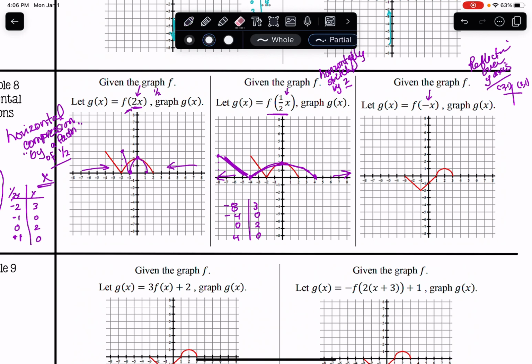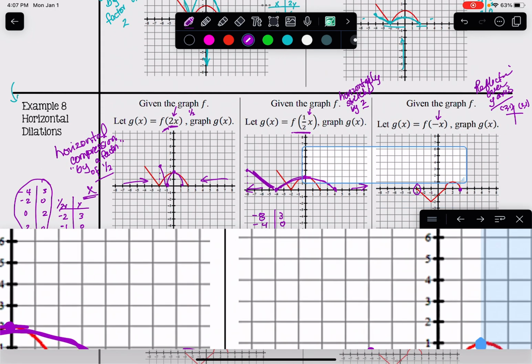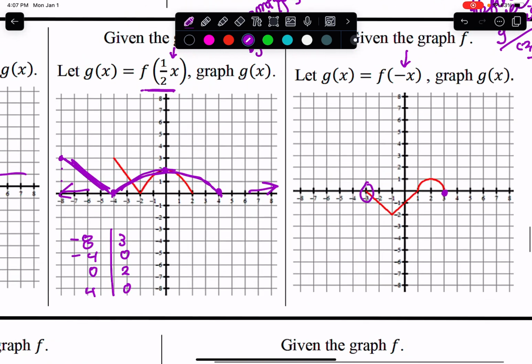So if I'm at negative 3 here, let's see if I can get my pen. I'm at negative 3 here, then I have to be at 3 here. So that would be there. And then if I'm at negative 1, it should be at 1. And if I'm at negative 1, I'm here at negative 1, this should be at 1.